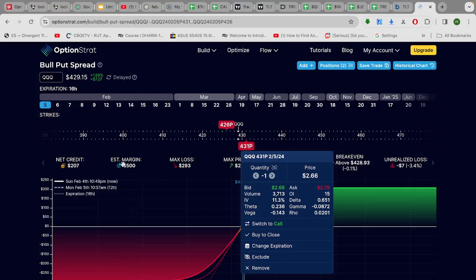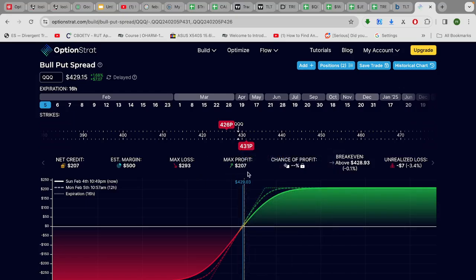Well, they charge you $500. You pay the margin on how far the strikes are apart, so that you could think of that as the most you could lose. In theory, that's the most you can lose, but because you received a big credit, the most you can lose on this trade is $293. So you're either going to make $207.